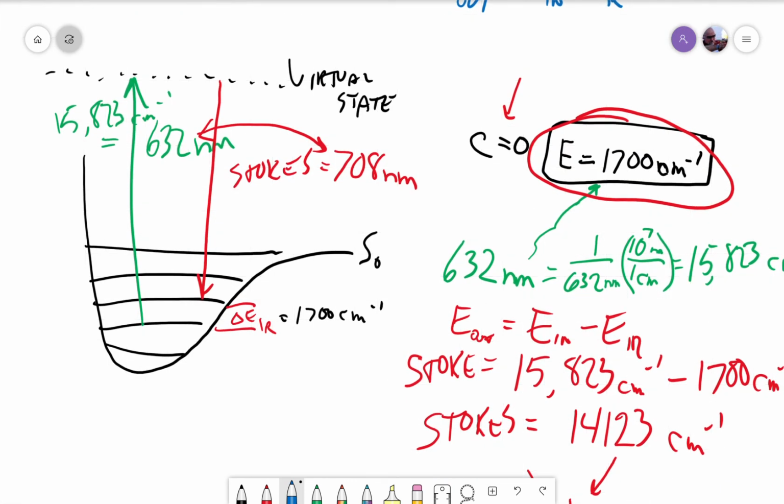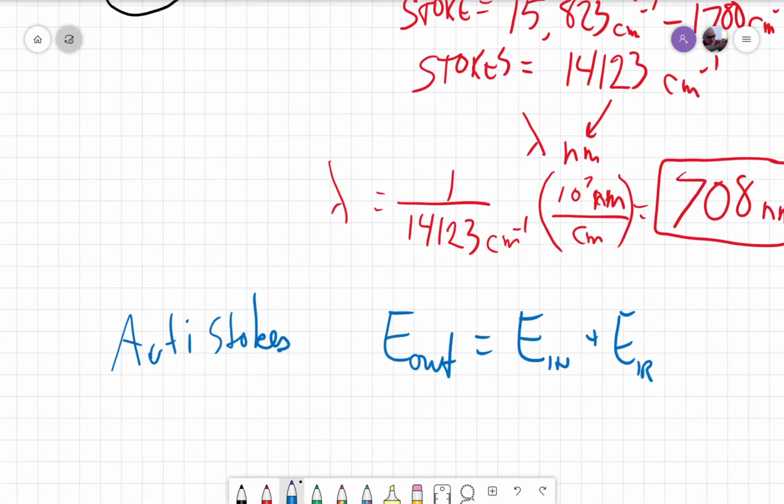So in anti-Stokes, we're going to start with the 15,823 reciprocal centimeter photon going in, or 632 nanometers, and it's going to be blue shifted.